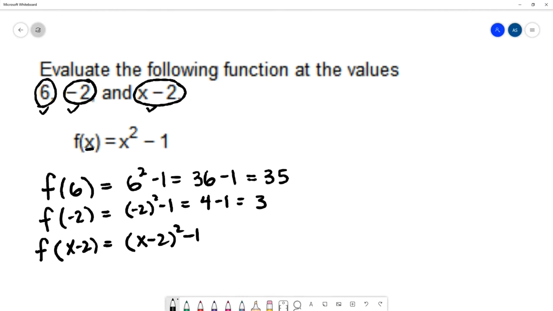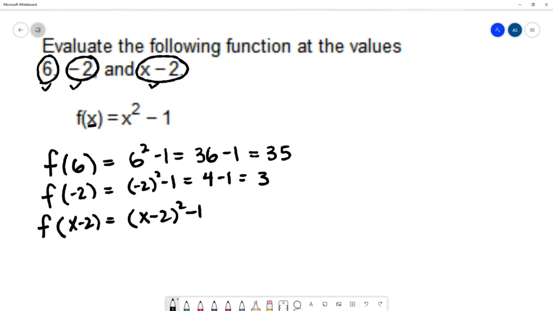And when we simplify this time, because our expression has a variable in it, we're not going to get a number answer. We're going to get an expression answer. So we're going to follow order of operations again, applying the exponent. X minus 2 squared is x minus 2 times x minus 2. And then we'll multiply. X times x is x squared. X times negative 2 is negative 2x.